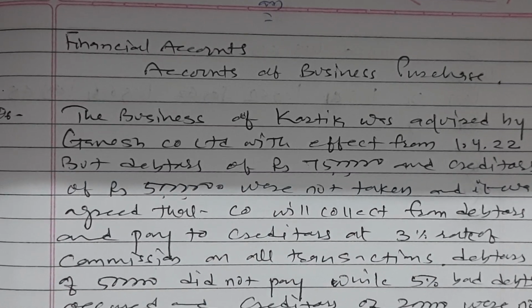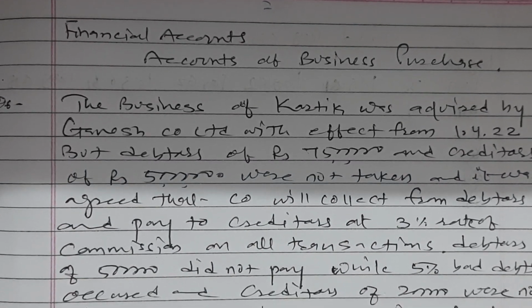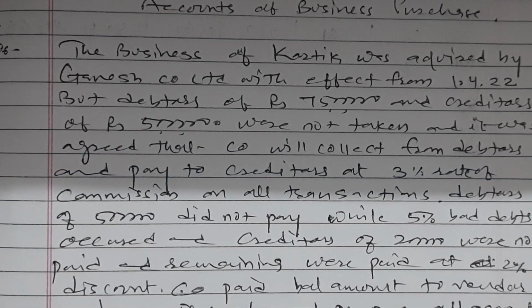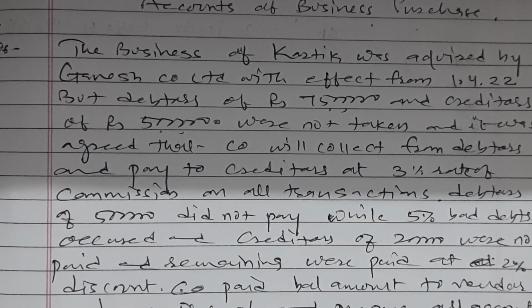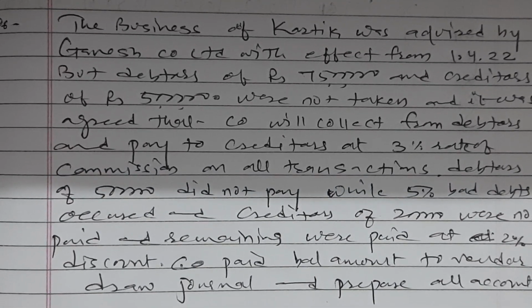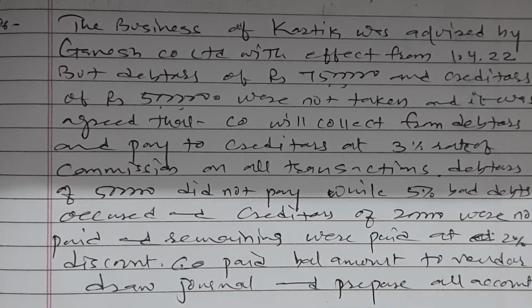Debtors of 5 lakh did not pay while 5% bad debts occurred, and creditors of 2 lakh were not paid and the remaining were paid at 2% discount. Company paid the balance amount to the vendor. Draw journal and prepare all accounts.